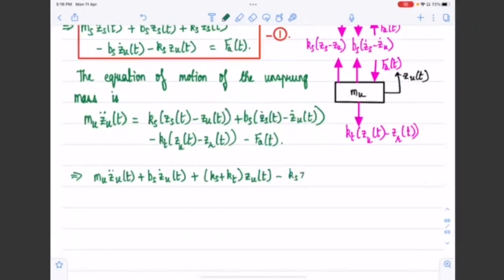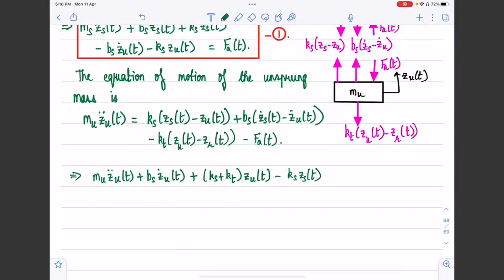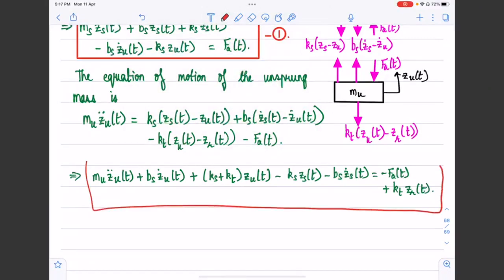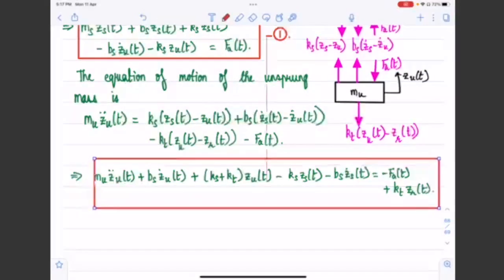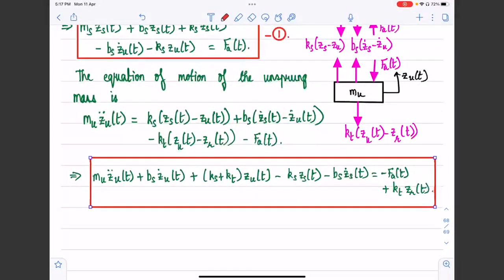I'm just collecting terms in a specific manner: minus Ks times Zs(t) minus Ds times Zs dot (t). That's going to be equal to minus Fa(t) plus Kt times Zr(t). So this is the second equation of motion. Let's call this equation number 2.